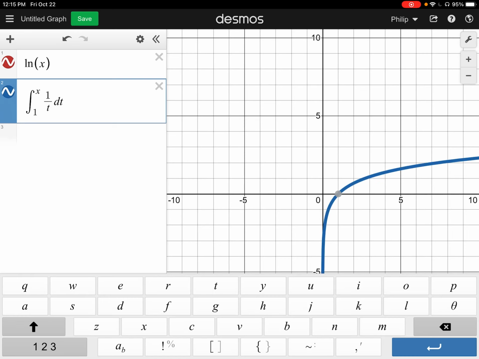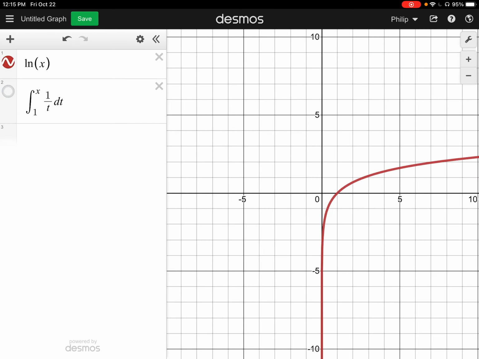And what we notice here is that the integral of 1 over some argument, dt, is exactly the same as the natural log of x. And again, these aren't rigorous proofs by any means, but clearly there is a graphical relationship here between the natural log function and simply 1 over x.